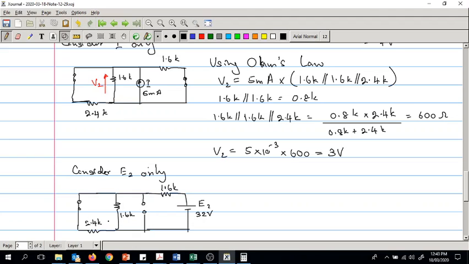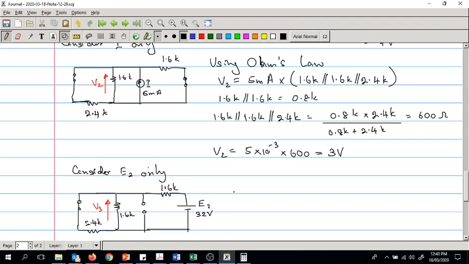Okay. Now again we have a voltage divider. The voltage that we want to find, V3, is this. You can see that this resistor and this resistor are in parallel, and we want to find the voltage across these two.